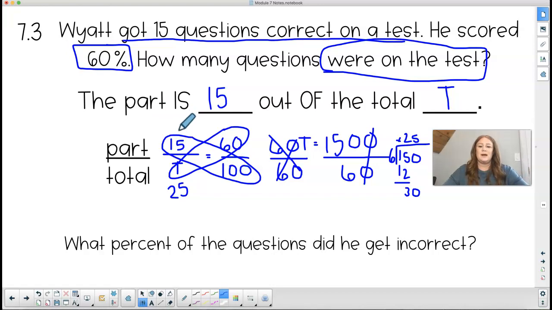This was also one I could have asked myself, how do I get from 15 to 60? 15, 30, 45, 60. Well, actually, I guess we were going backwards because we're looking for the t. So I would have to divide by 4. 60 divided by 4 is 15. If I do 100 and divide it by 4, that is 25 quarters. 25, 50, 75, 100.